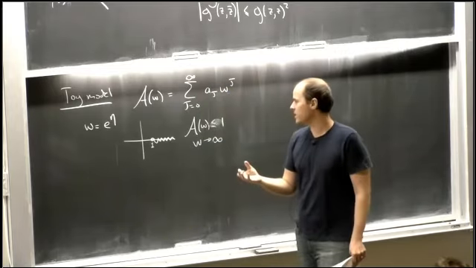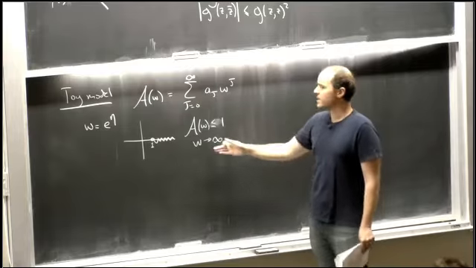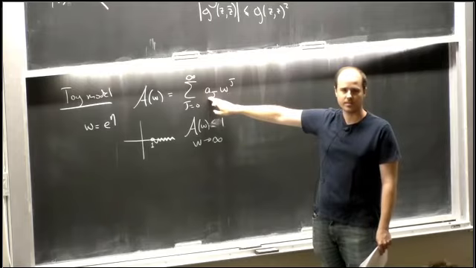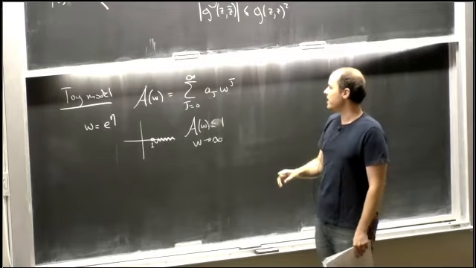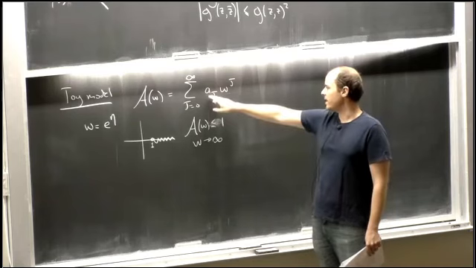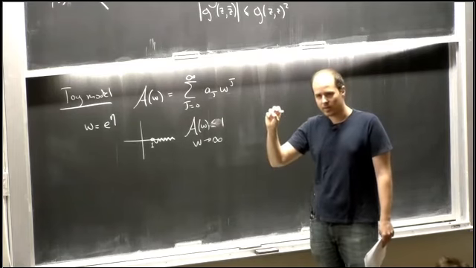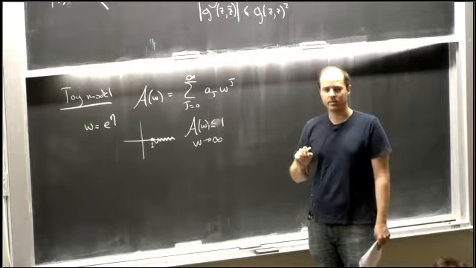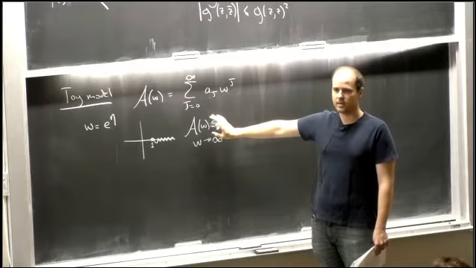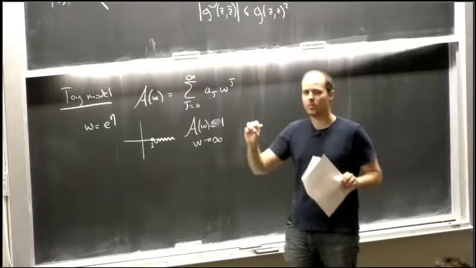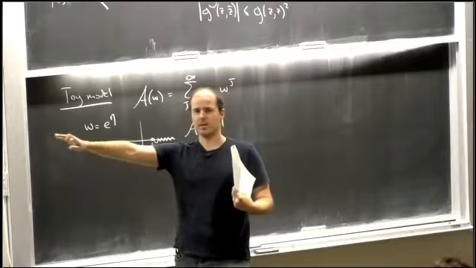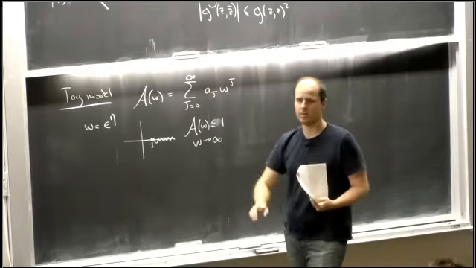But the key observation is that getting this situation requires a delicate balance between these coefficients. The idea is that if you took any one of these coefficients, let's say you took a sub 100 and you wiggled it a very, very tiny amount, you would completely destroy the good behavior in the Regge limit. Okay? So you're not allowed to randomly wiggle different coefficients. All the coefficients have to be related to each other in a very delicate way in order to get this to happen.